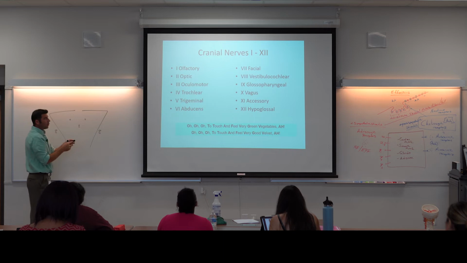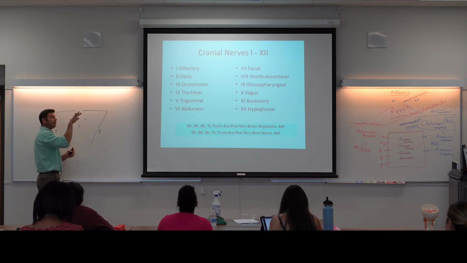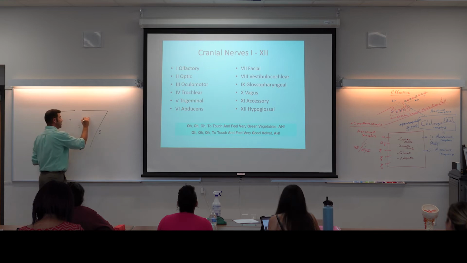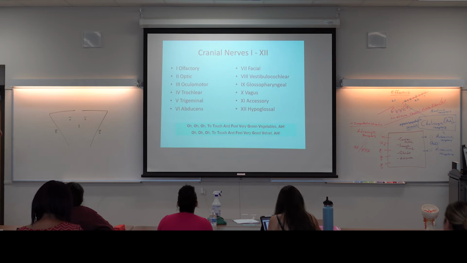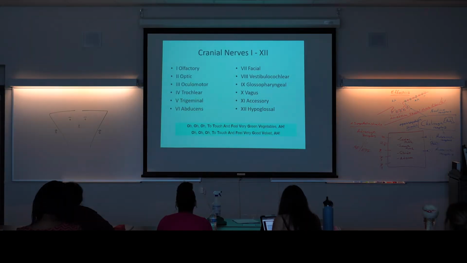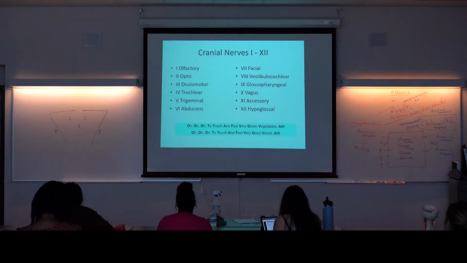Then the third one, the oculomotor nerve, I'm going to draw as a number 3 that's just kind of fallen over on its face, making up the eyebrows of this diagram. We use the oculomotor nerve whenever our pupils constrict or dilate. For example, it just got darker, so now your pupils had to dilate to allow more light in to see what's on the board.